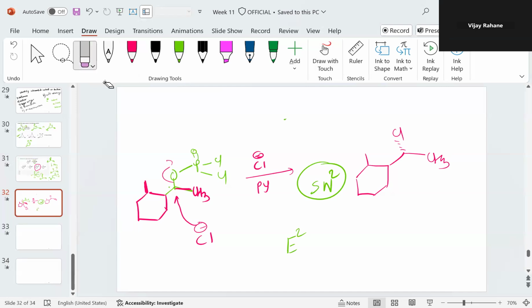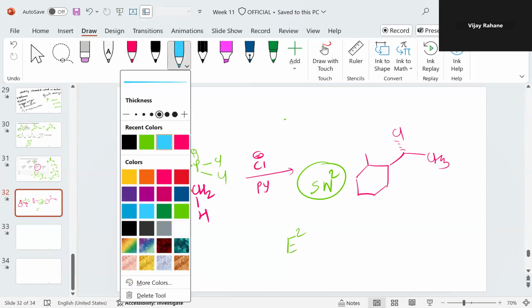So I will just rub out the earlier one. We have this proton here and here also. So I will draw that one, CH2, and this is the one proton we have, and this is the other proton that we have, right?